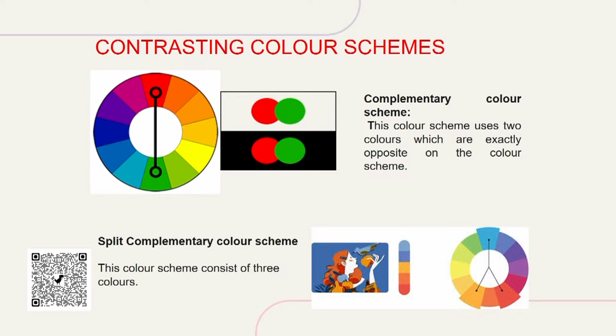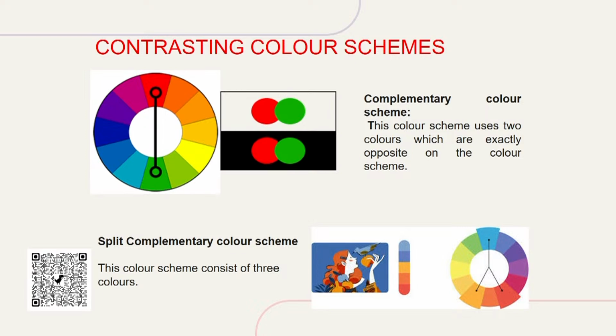The second category is similar to the one we just did. It is the split complementary. Here also we are using opposite colors, but instead of the exact opposite color on the color wheel, we are using the 2 adjacent colors. For example, here the opposite color to light blue is light orange, but instead of taking light orange, we take the 2 colors which lie adjacent to it.